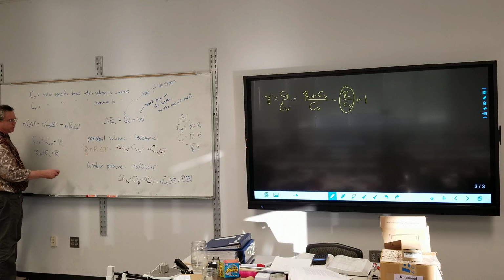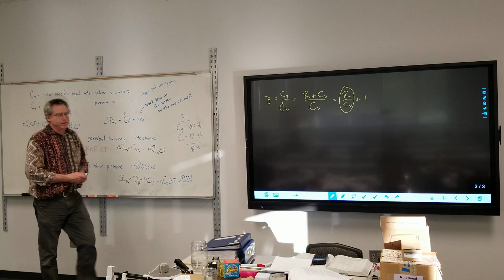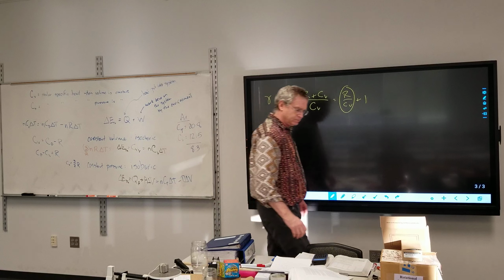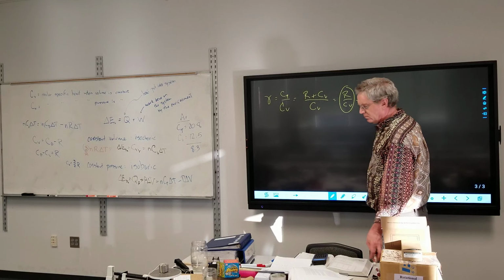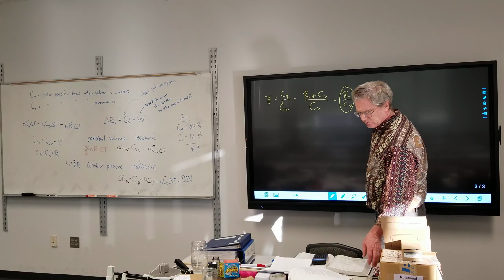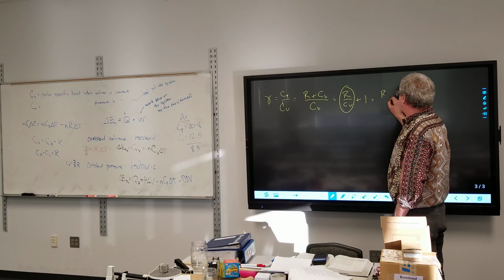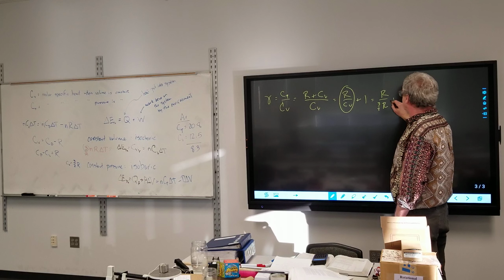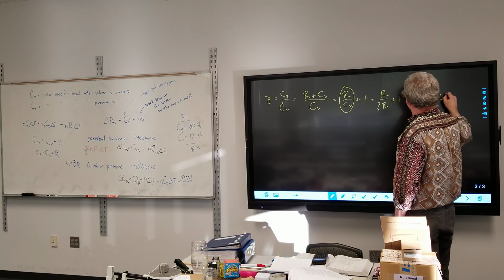So setting these equal to each other, n cancels out, delta T cancels out, so we have C_V equal to 3/2 R. So popping that in over here, R over 3/2 R plus 1 is 1 2/3, which is about 1.67.